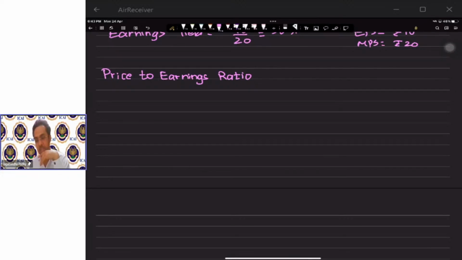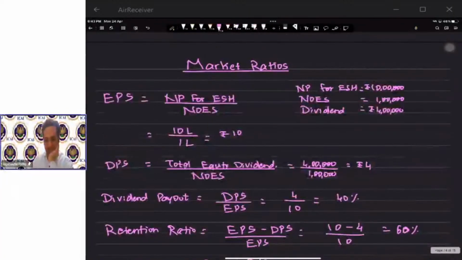Sanjit is asking what's the difference between EPS and DPS. Sanjit, EPS is what the company has earned for each shareholder. DPS is what the company has paid out as dividend. Whatever it has earned, it did not pay all of it out to the shareholders. Whatever is paid out to the shareholders in the form of dividend is your dividend per share.